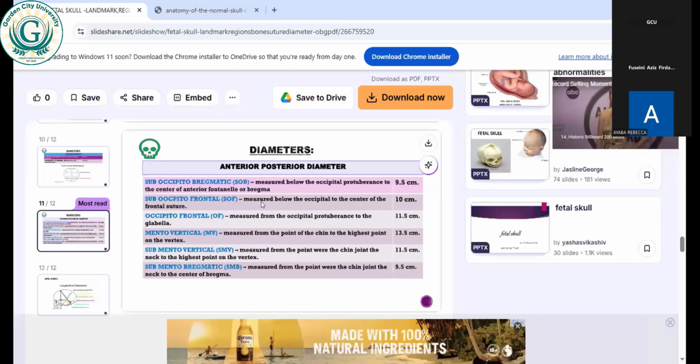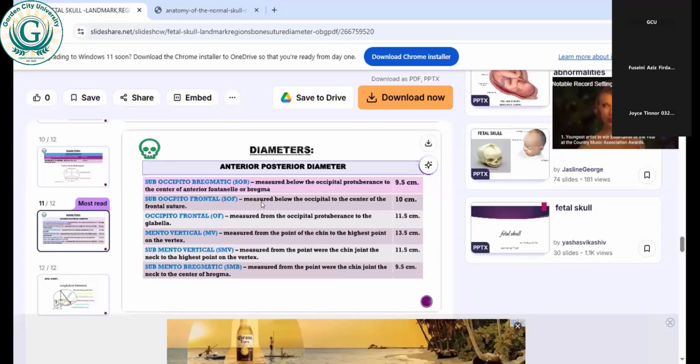Suboccipitofrontal, SOF for short, measures from below the occipital protuberance to the center of the frontal suture. We know the frontal suture is in front of the bregma, which is why its measurement is more than the suboccipitobregmatic.